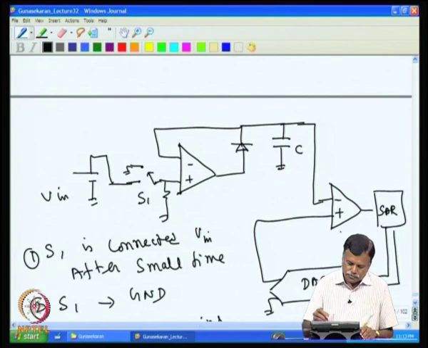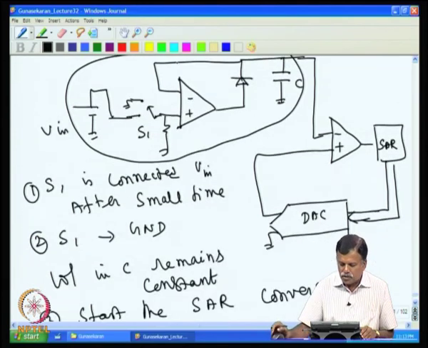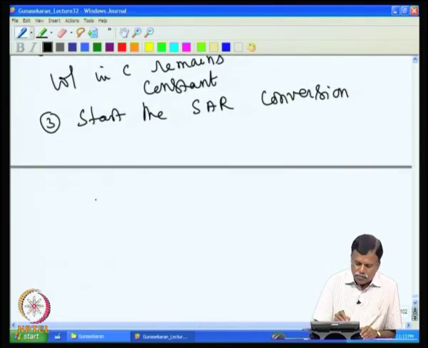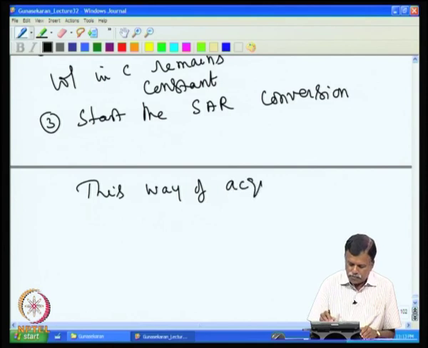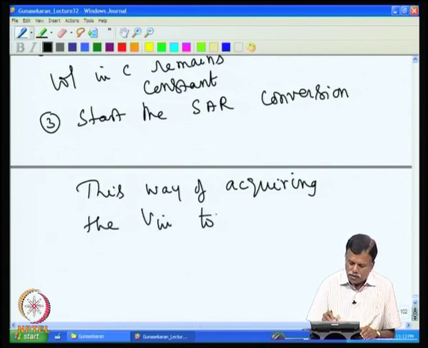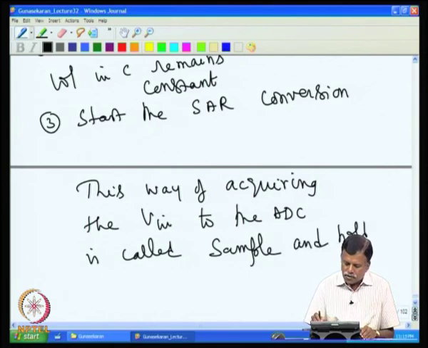So, this arrangement is called sample and hold. This way of acquiring the input voltage V in to the ADC is called sample and hold, or a sample and hold amplifier.